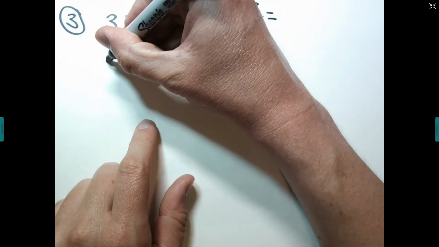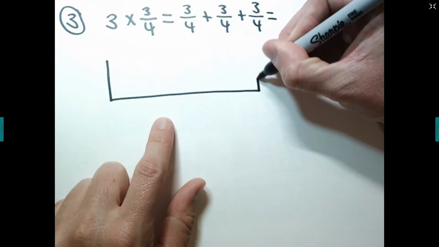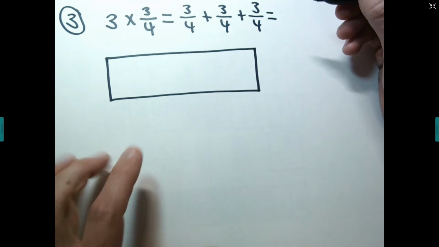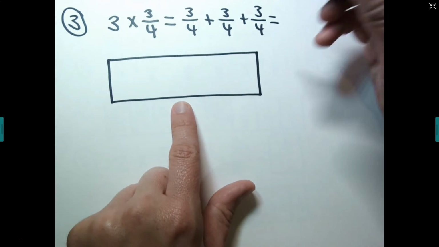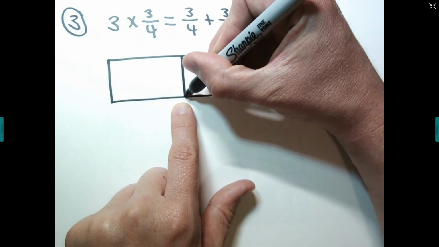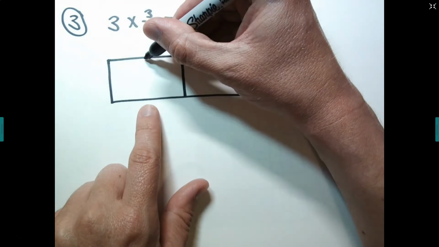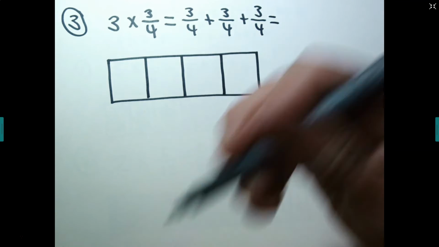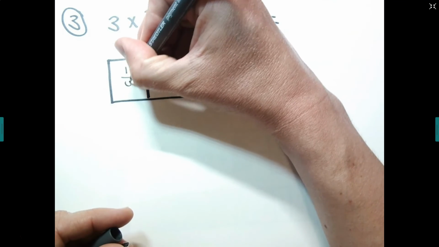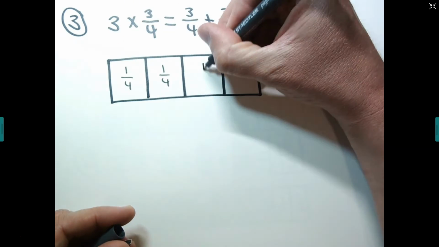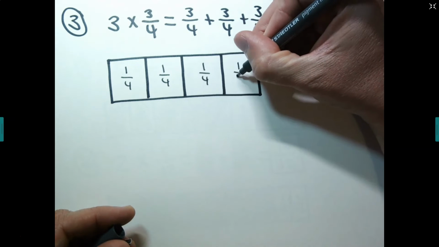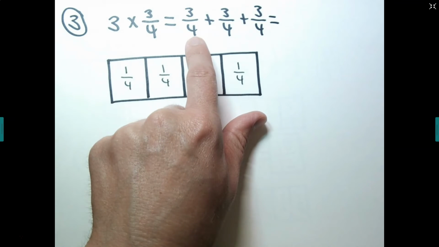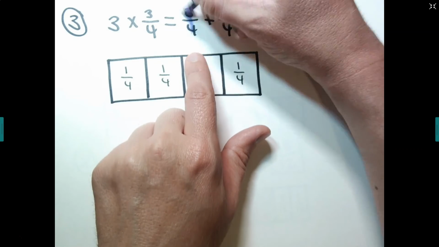We'll use a bar model. We'll split our bar model into fourths. Halves first, of course. Then we'll split each half in half to make fourths. I will label them. And for my first of the 3 3/4, I will use blue.